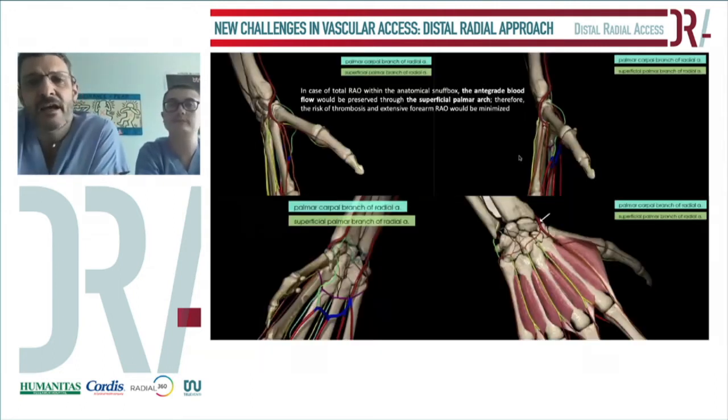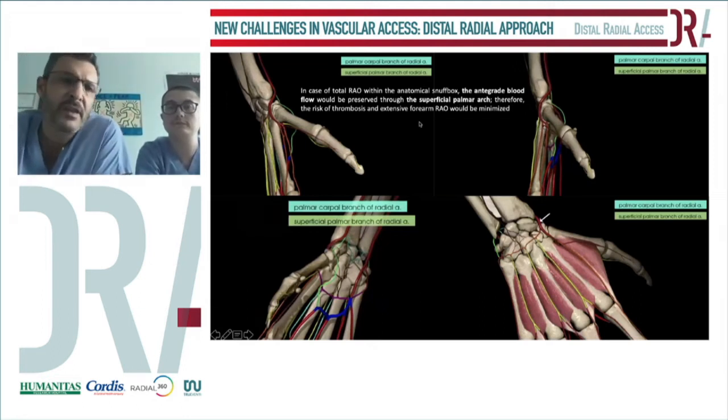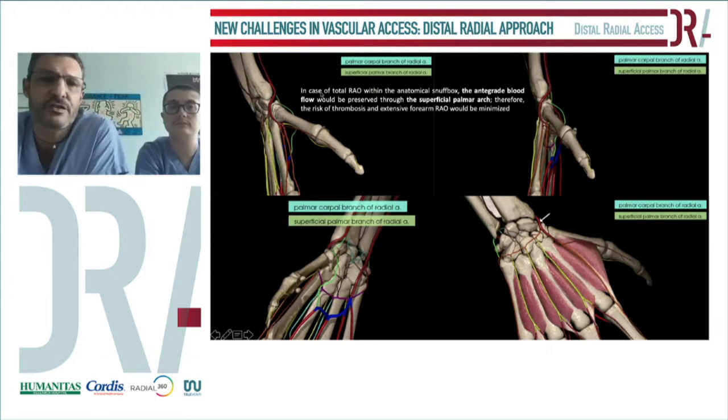These are some pictures that explain the concept, how the position of the radial artery at the forearm is behind the origin of the superficial palmar branch. So in case of occlusion of the distal radial artery after the puncture or after the catheterization, the flow to the hand is maintained through the superficial palmar branch of the artery. It's a very interesting picture.